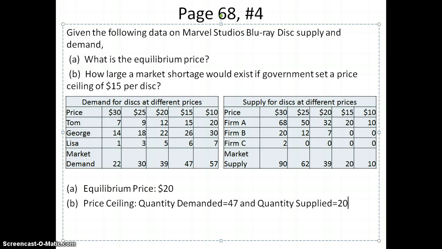So 47 are wanted, but only 20 are available. Since there's more that are wanted, we call this a shortage. Specifically, it is a shortage of how many people will go without. So 47 are wanted, 20 are made, leaving a shortage of 27 discs that are wanted but not made.